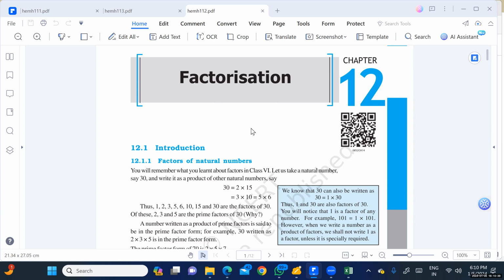We create smaller objects out of the bigger ones, right? So that is a factor. When we have bigger problems, we break them into smaller problems. When we have bigger numbers, we break them into smaller numbers. We break them into smaller objects.